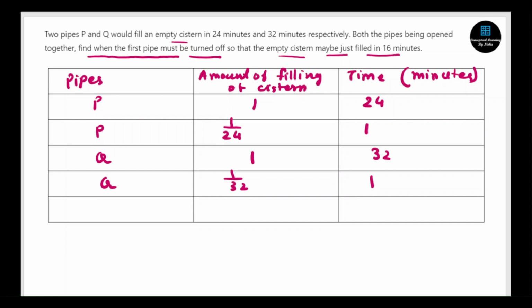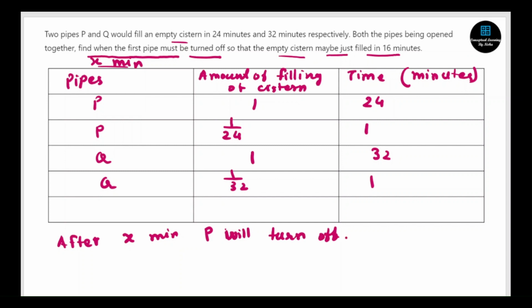So let's say after X minutes, it will turn off. They are asking us when it will turn off. So you have to just write that statement: after X minutes, P will turn off.